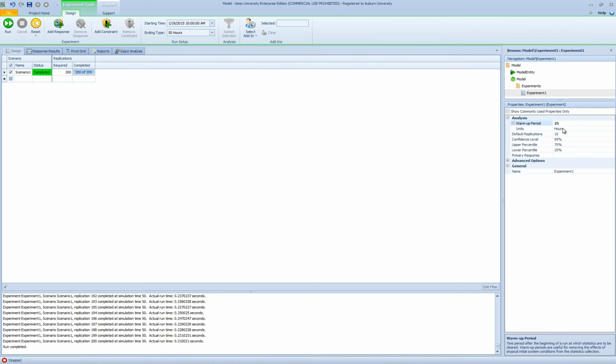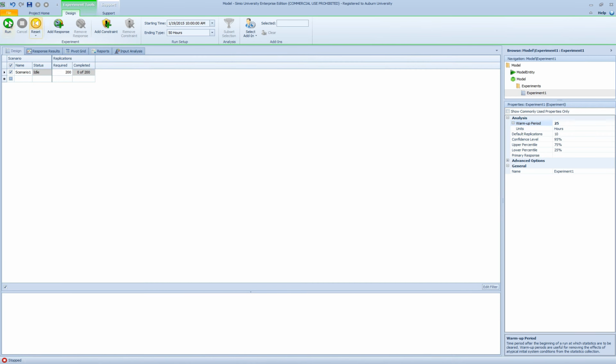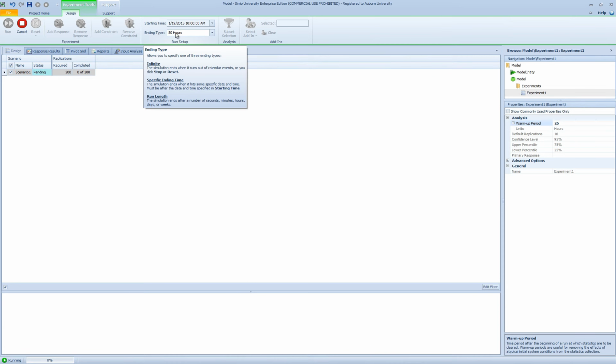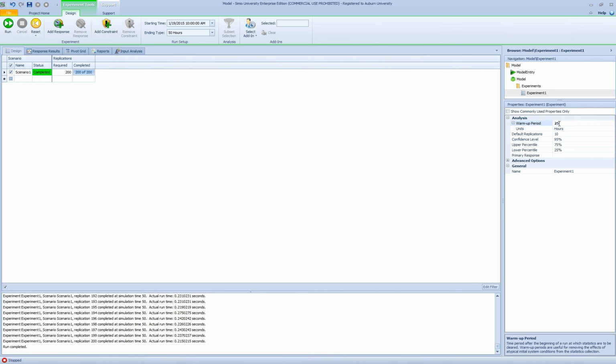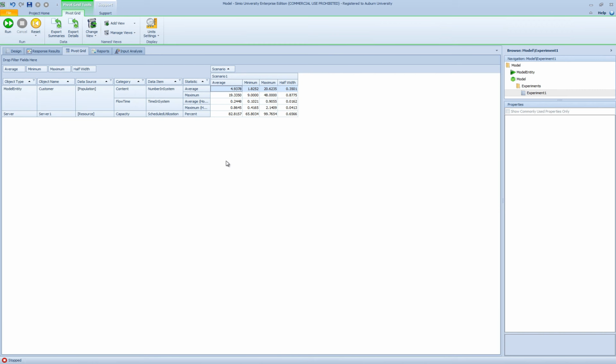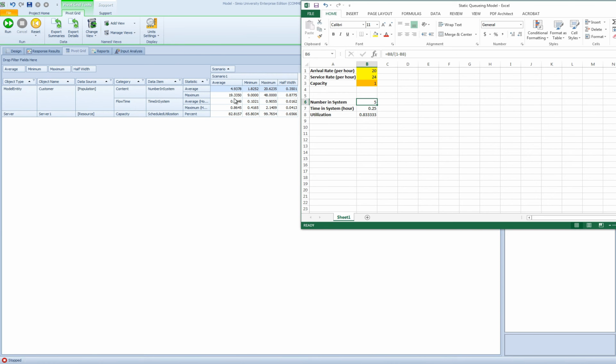I'm going to add 25 hours of warm-up period, and what it does is that when I run my experiment, Simio runs each replication for 50 hours, but it throws away the statistics that it collects during the first 25 hours of each run, in order to hopefully get rid of this initial transient bias.